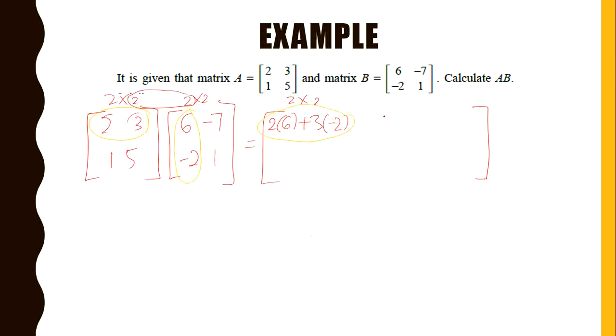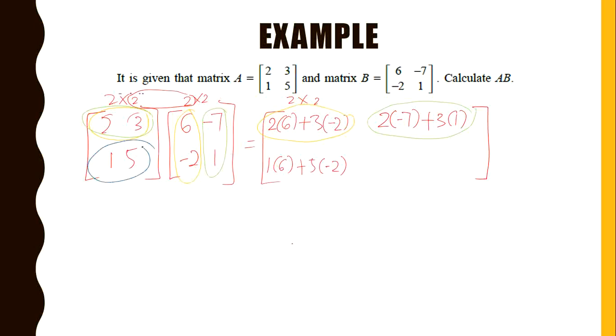Okay, next. Okay, 2 times negative 7 plus 3 times 1. Yang ni, darab yang ni, kita letak dekat sini. Next is 1 times 6 plus 5 times negative 2.